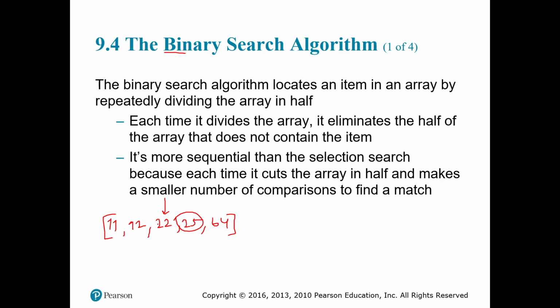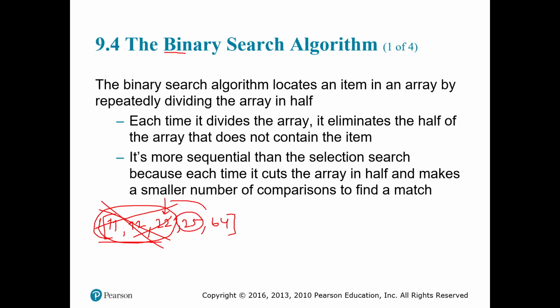Well, it's not 22, so it's not the element we're looking for, and it is not less than 22, so it cannot be on this side of the array, so it is on the other side. So all we're going to do is get rid of this part. We're going to discard it, including the 22. We're not going to look at this at all. This part of the array does not exist for us anymore using this algorithm.